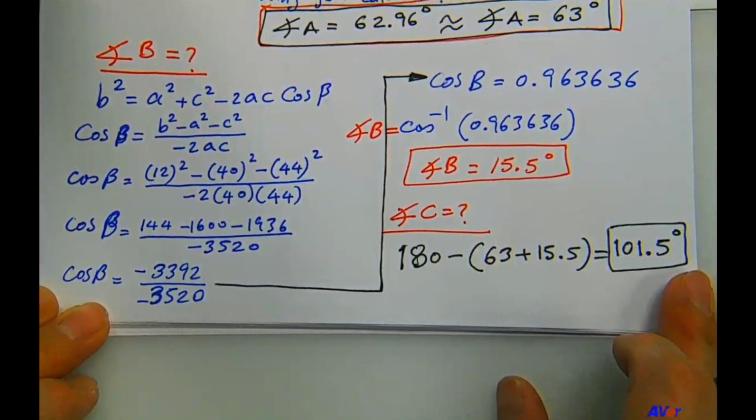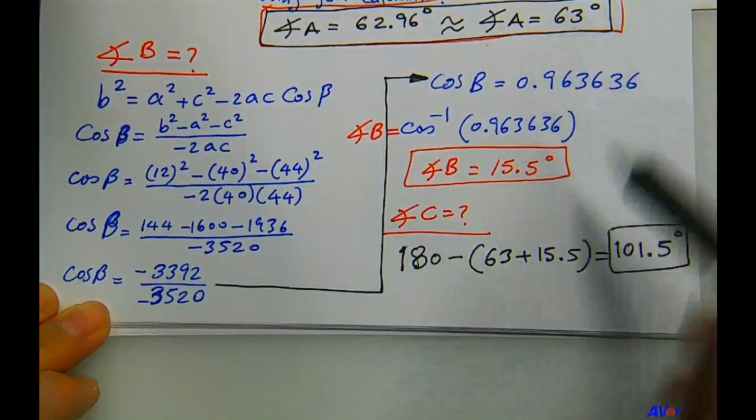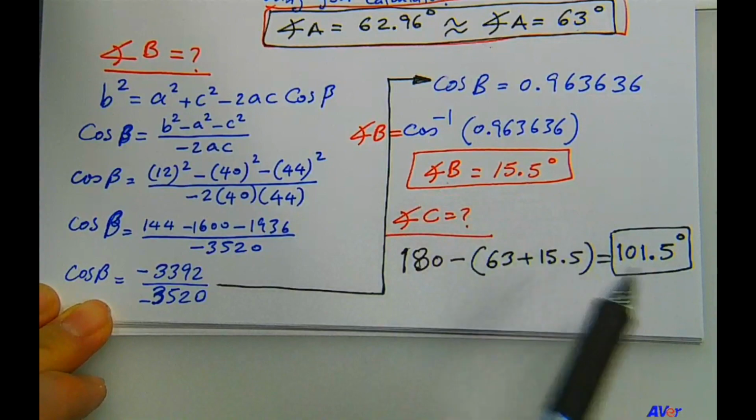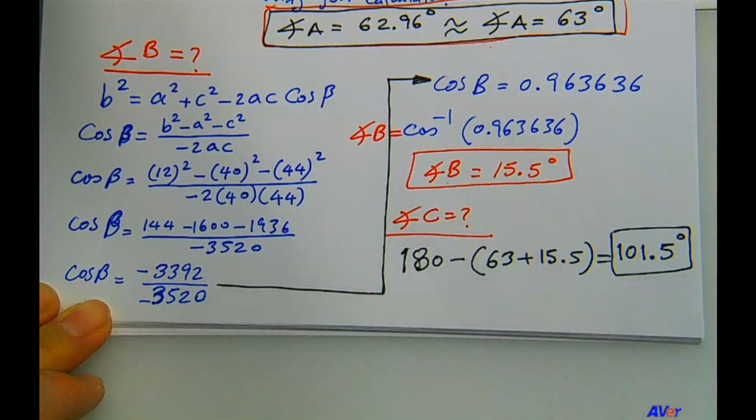So there. Angle A is 63 degrees, angle B is 15.5 degrees, and angle C is 101.5 degrees.